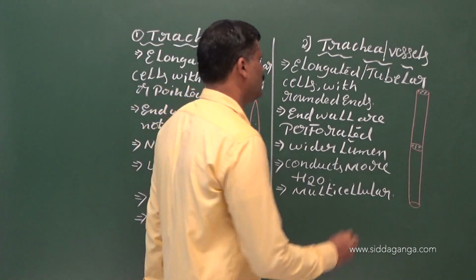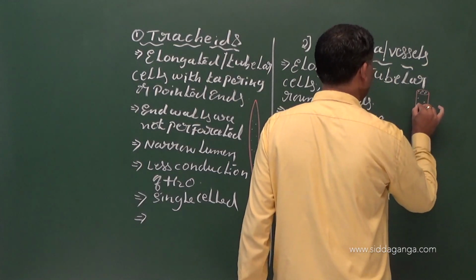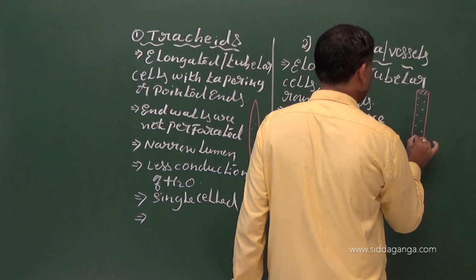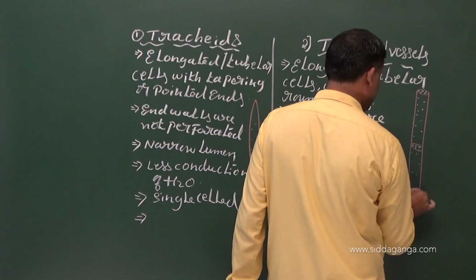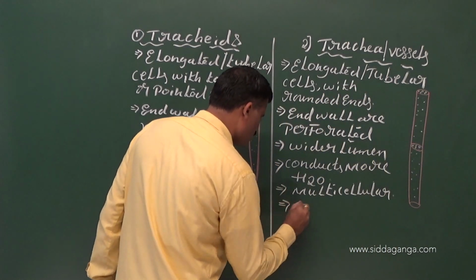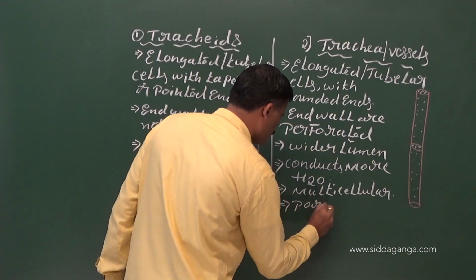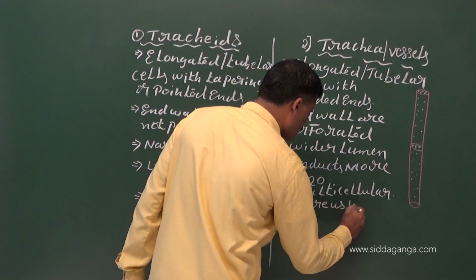But the trachea contains many huge pores on its cell surface, so it is also called porous wood.